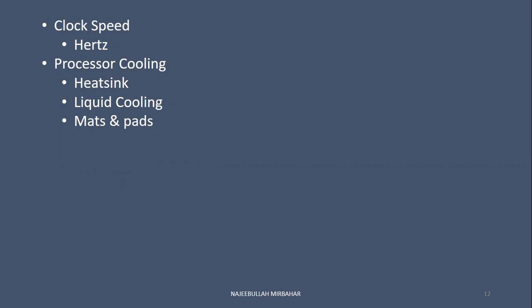Now processor cooling. We know that 1 million instructions or 1 billion instructions are too much. A processor, when executing these instructions, may heat up. In order to eliminate or decrease that heat, we use three types of technologies: heat sink, liquid cooling, and mats and pads.